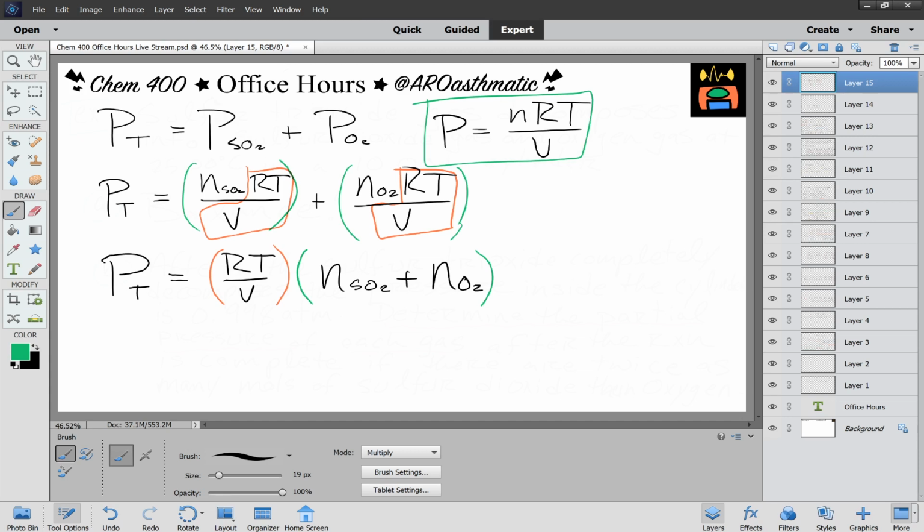Finally, you'll remember that expression that we wrote, where moles of SO2 was equal to 2 times the moles of O2.